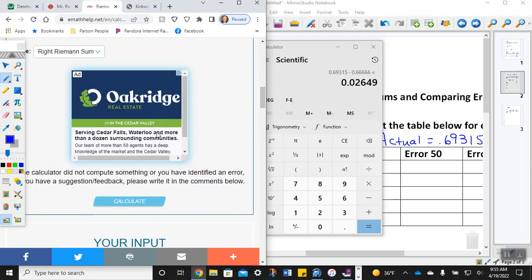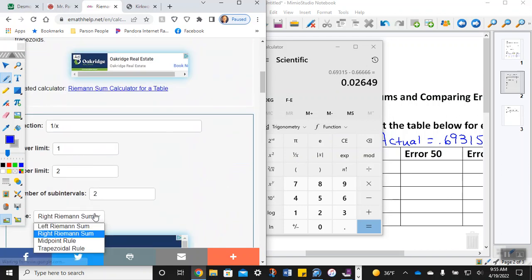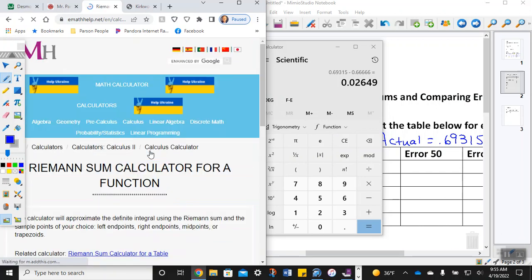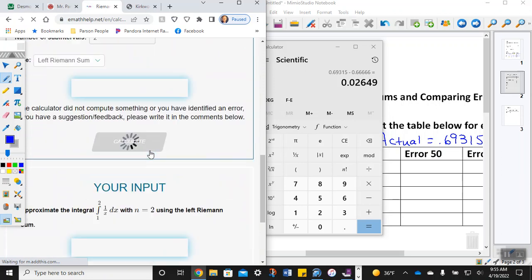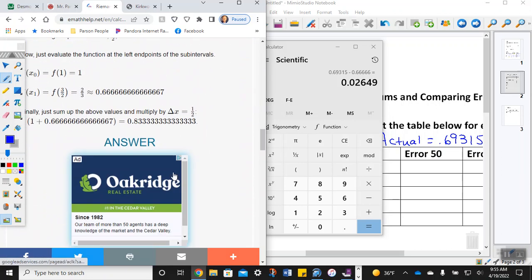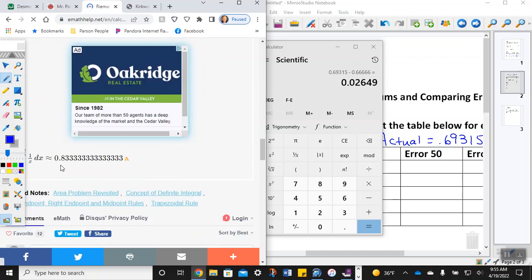Hang on a second. I didn't like the way that this is working out. Did I have left hand in there the first time? Nope. Should have been point what? 8. Okay, so I need to type that in again.